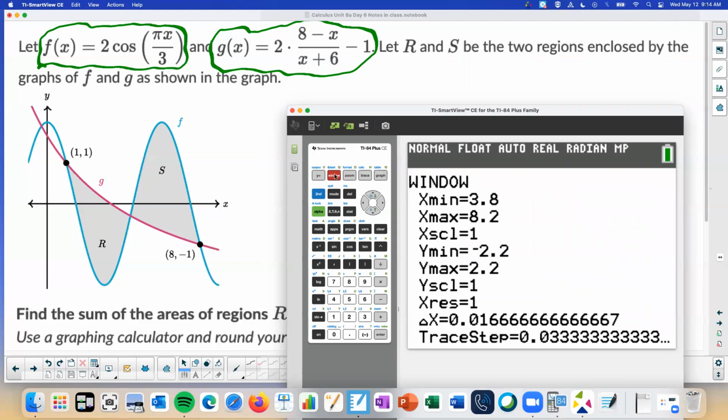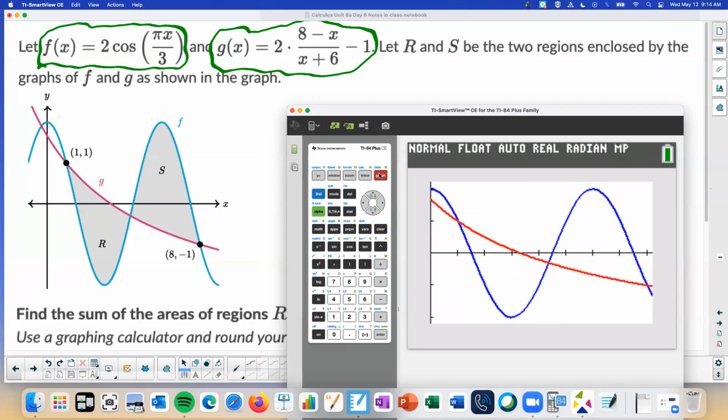Or is it negative one for the other? Oh, I forgot. I got 3.8. Yeah, yeah. I'll just do 0. I was gonna say, where's my first one?